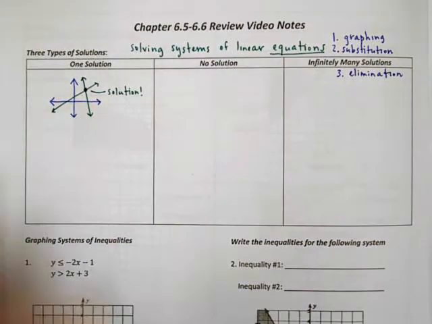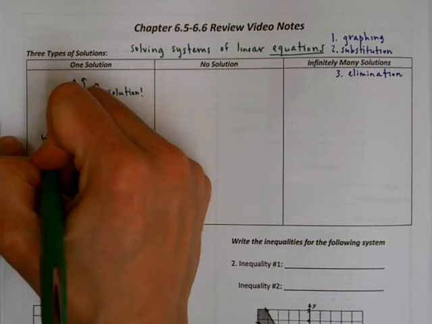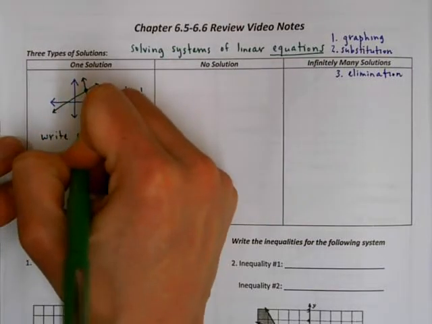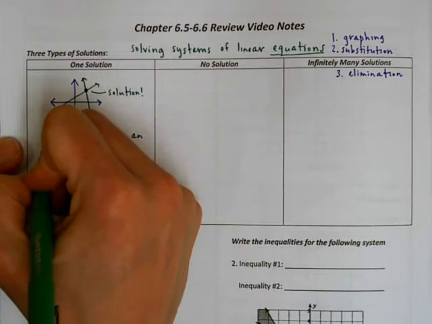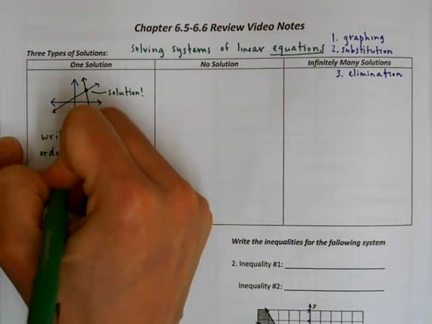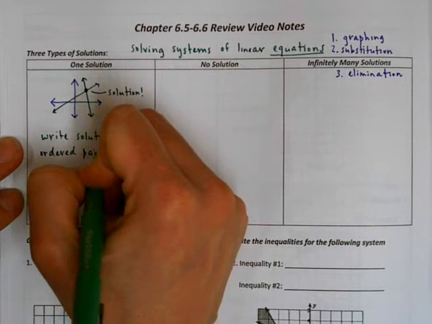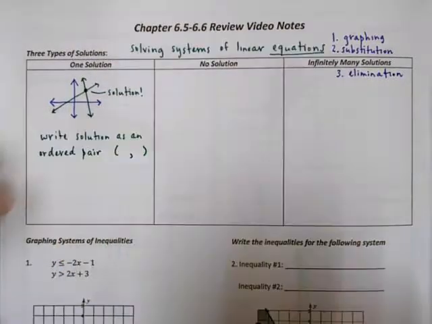And we always wrote the solution as an ordered pair. So we had parentheses and then our x and y coordinate.